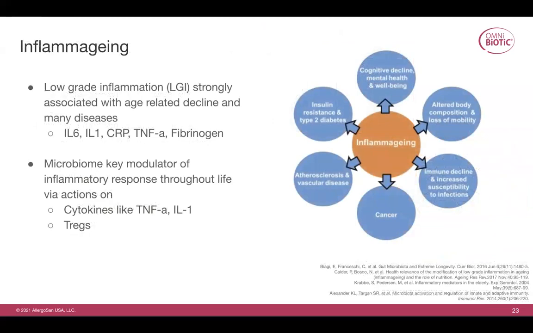Let's look at inflammation a little more closely for a moment. So low-grade inflammation, or LGI, increases as we age. Studies looking at aging consistently show serum elevations in inflammatory markers in elderly. Let's pause for a moment and define elderly.